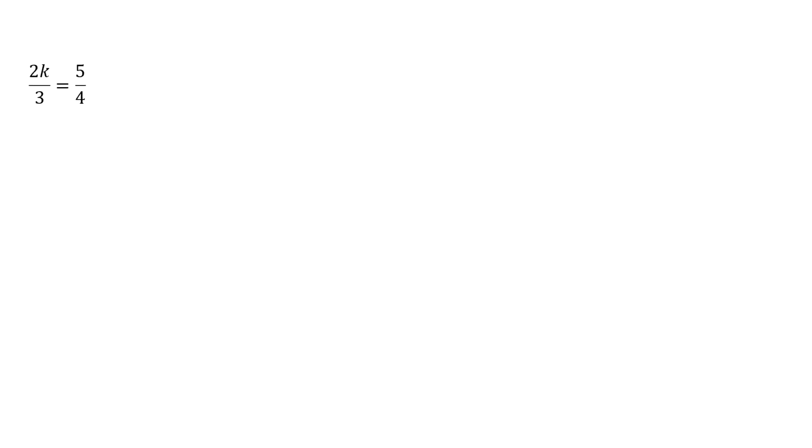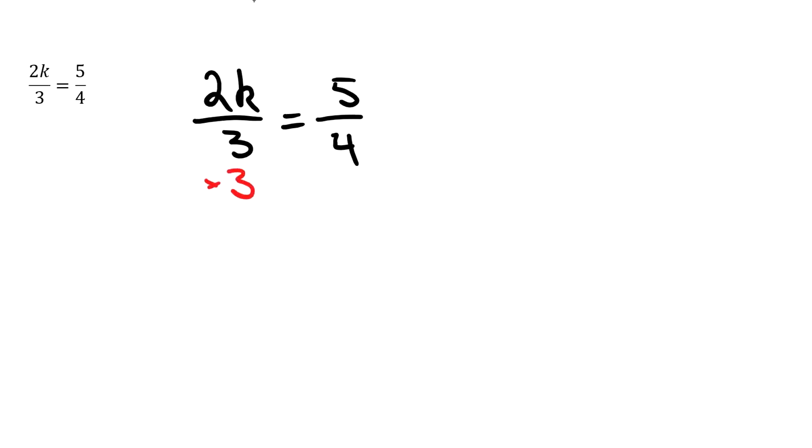So here's another example. As you can see, I'm doing different variations so you can see how they're solved. This time we have 2 fractions, so we want to get rid of that 3 on the bottom over here. So we're going to times 3, and that goes up here, times 3. These 3's cancel out.